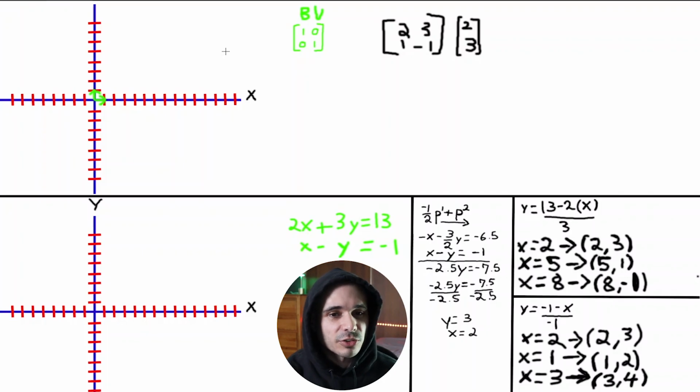Then we apply the transformation, and we want to see how that transformation changed the initial input vector to where it lands as the output vector. So right here, I'll just make a little arrow. That's our input vector.